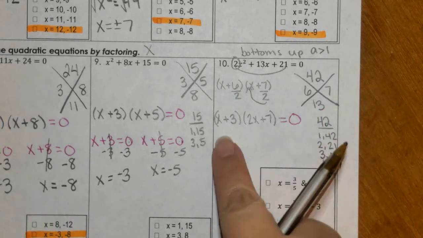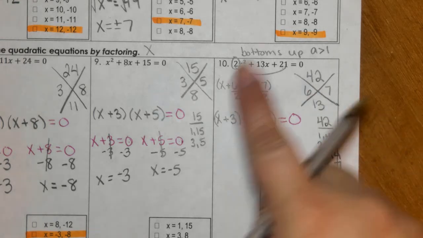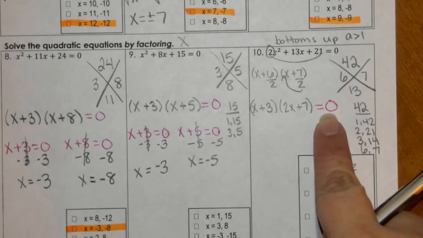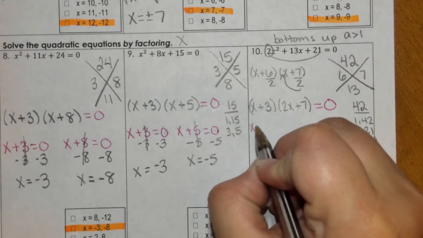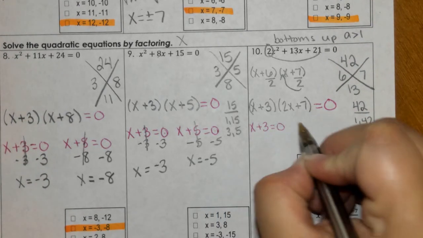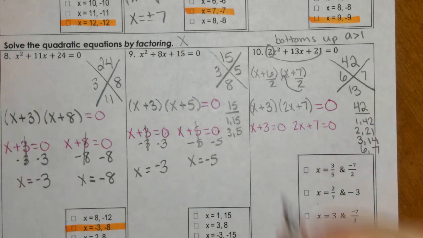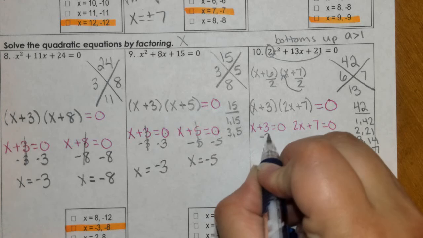Okay, so this is everything you learned in Unit 6. Now I set equal to 0 in Unit 7, and we solve. So here I would subtract 3.